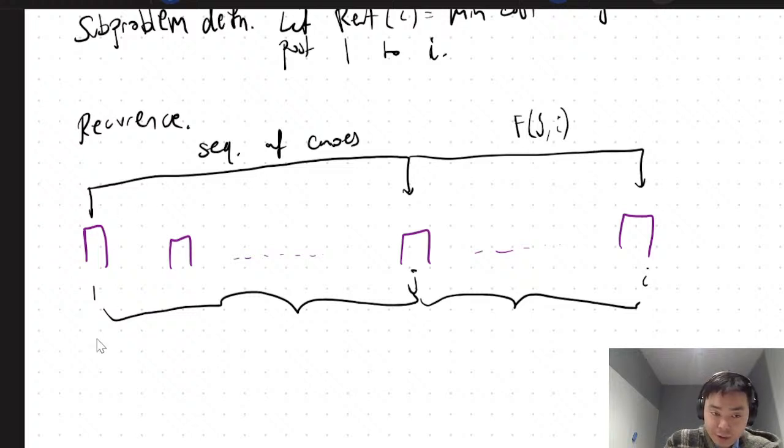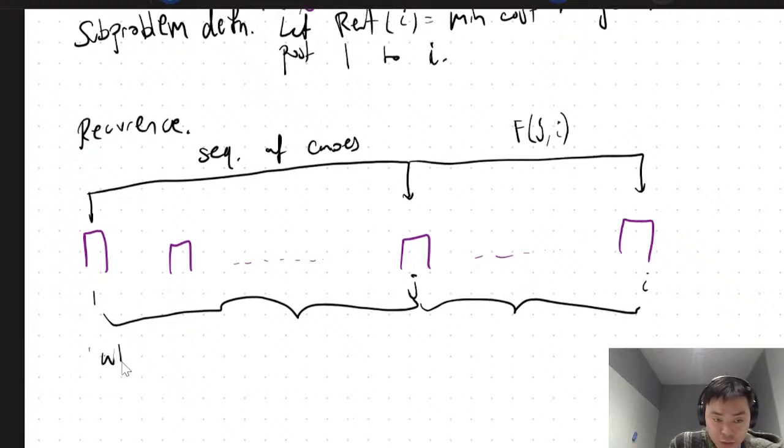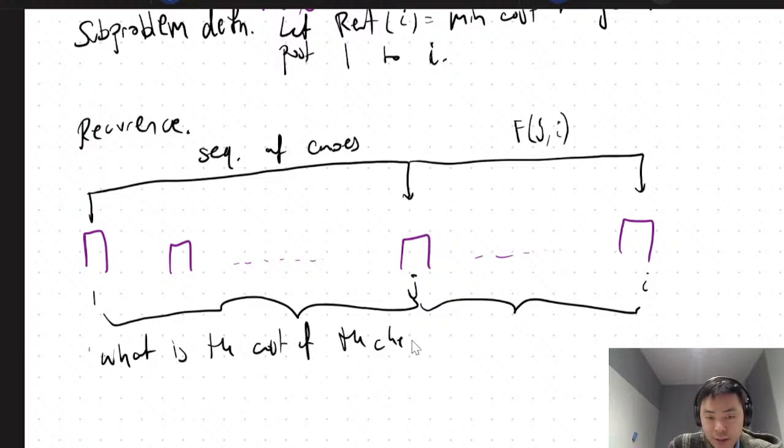What is the cost of the cheapest trip from 1 to j?